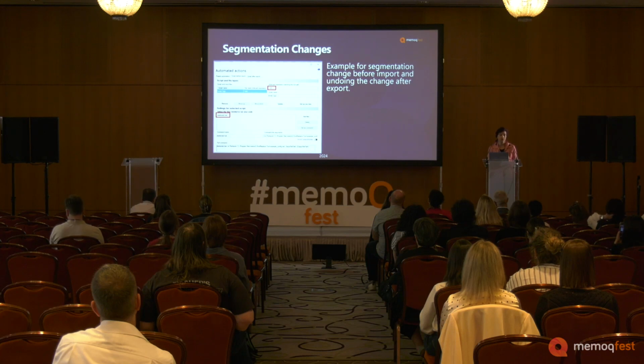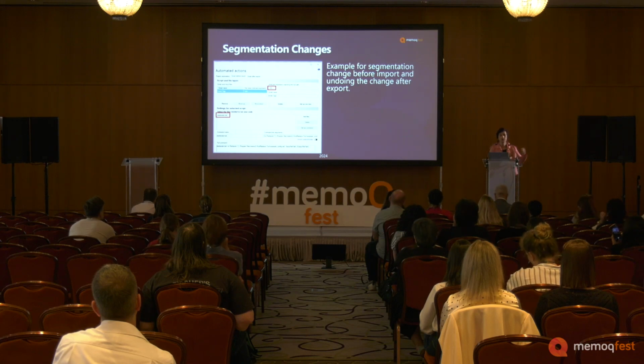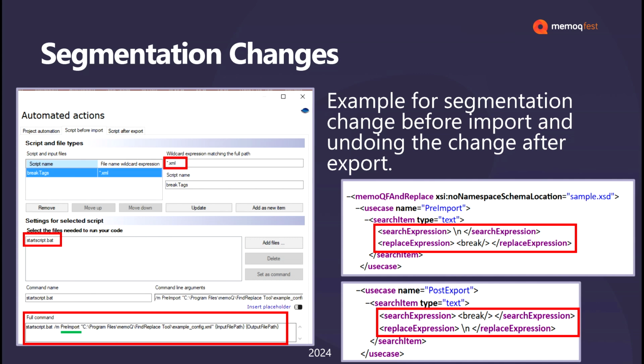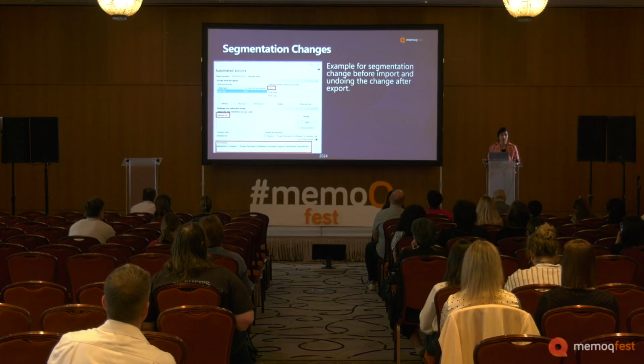You have the script file, which is start script bat, which comes with the find and replace tool. Really, it just tells memoQ to go to the find and replace tool, run the find and replace actions that are configured in the config file. It's an XML file, and that's basically it. So it's really just connecting memoQ to the find and replace tool through that start script bat, which actually comes with memoQ.